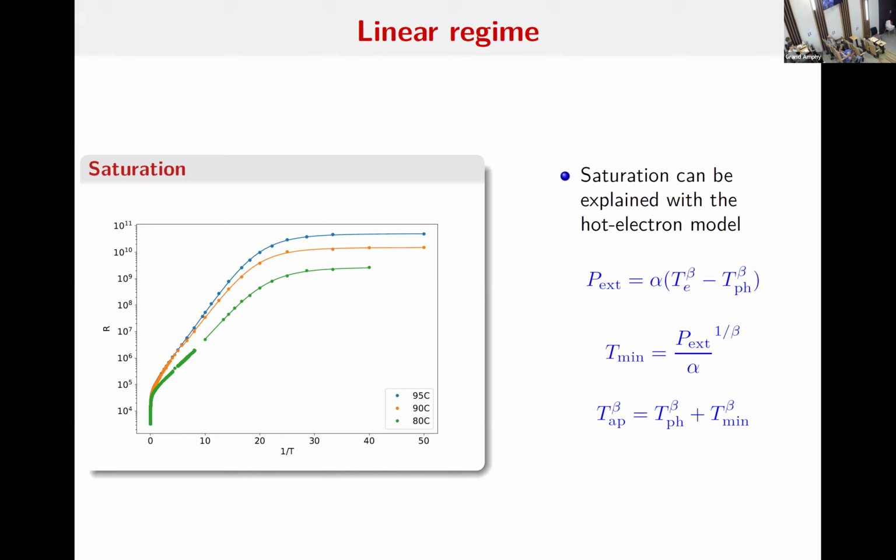Even if the thermometer of the fridge says you are at 10 milli-K, for us it is around 40 milli-K. The system becomes decoupled, and what you see is the external power going into the cryostat. So, as I said, saturation can be explained very well by the hot electron model.